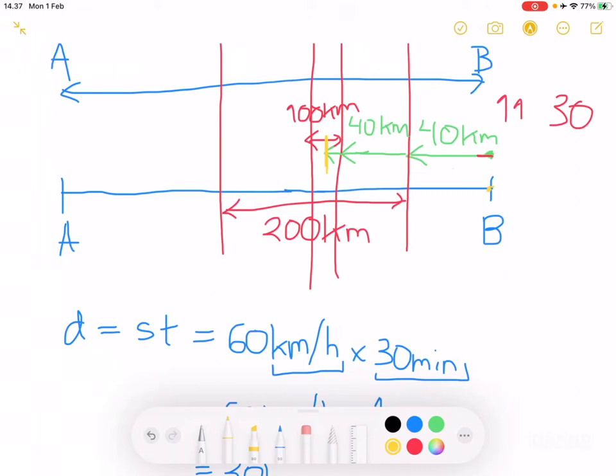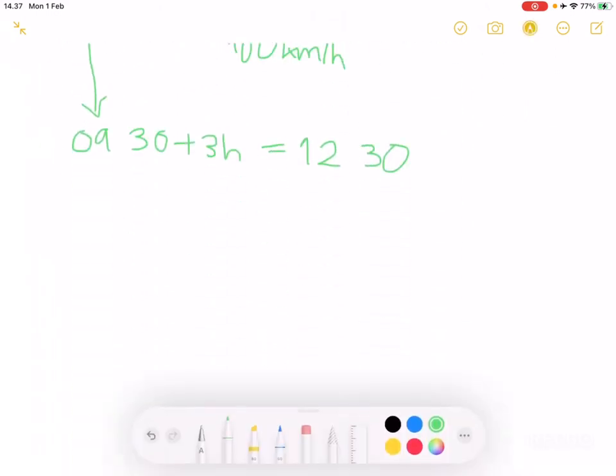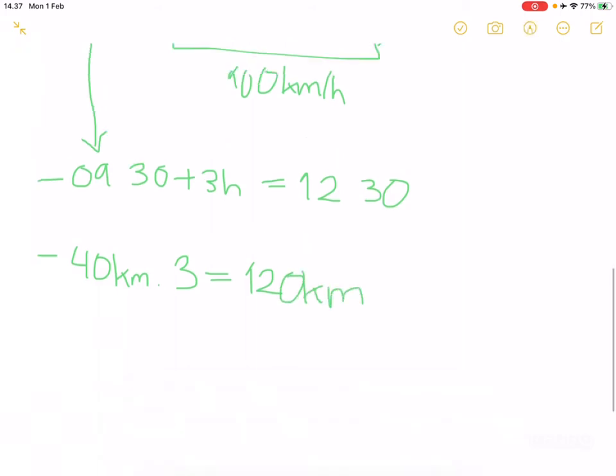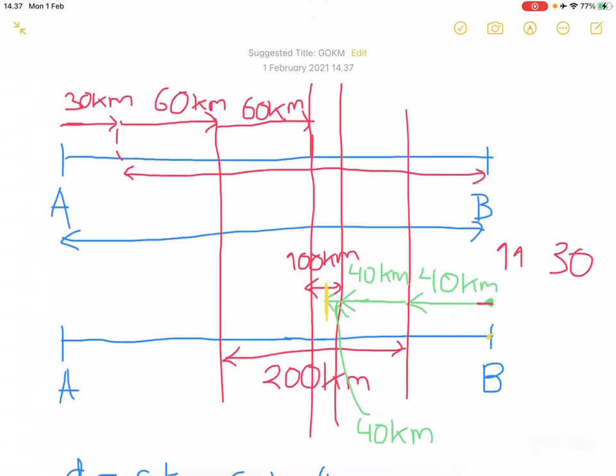So I'll note this distance right here as 40 kilometers, and then we can just multiply it by 3. So we have 40 kilometers times 3, which is 120 kilometers.